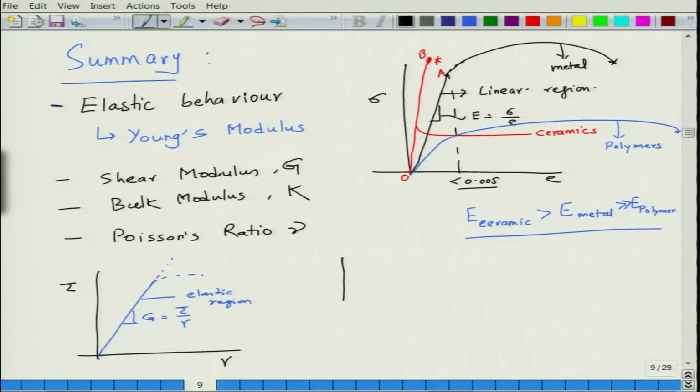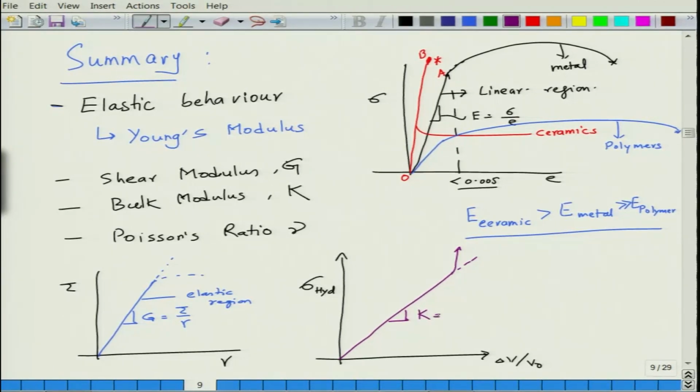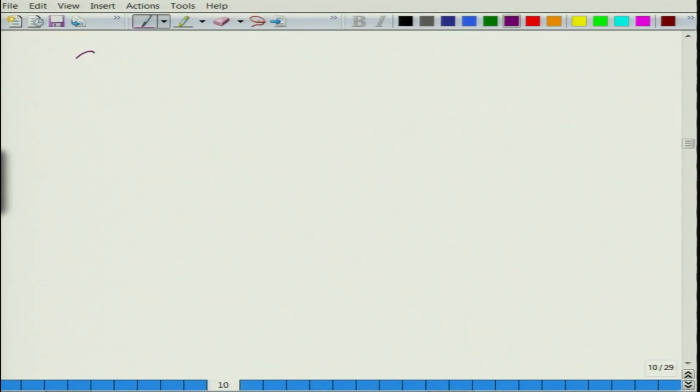If you wanted to plot the same thing for bulk modulus, you can say this is sigma hydrostatic, this is delta V divided by V naught, which is the fractional volume change. The slope of this, K, is equal to sigma hydrostatic divided by delta V divided by V naught.